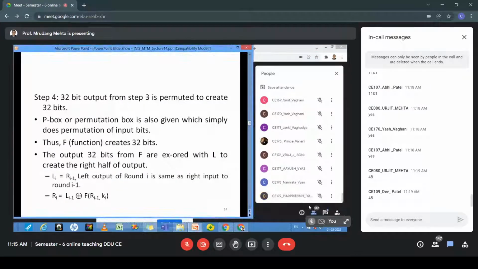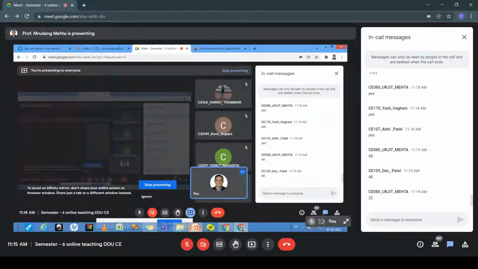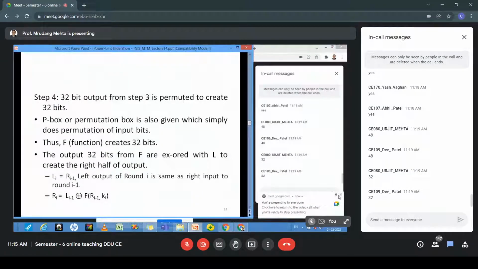And what is the output? 32 bits. So that is step 3. Now in step 4, the 32 bits output of step 3 is permuted. Again, it will create a 32-bit output, but after permutation. That permutation is done by the P box.